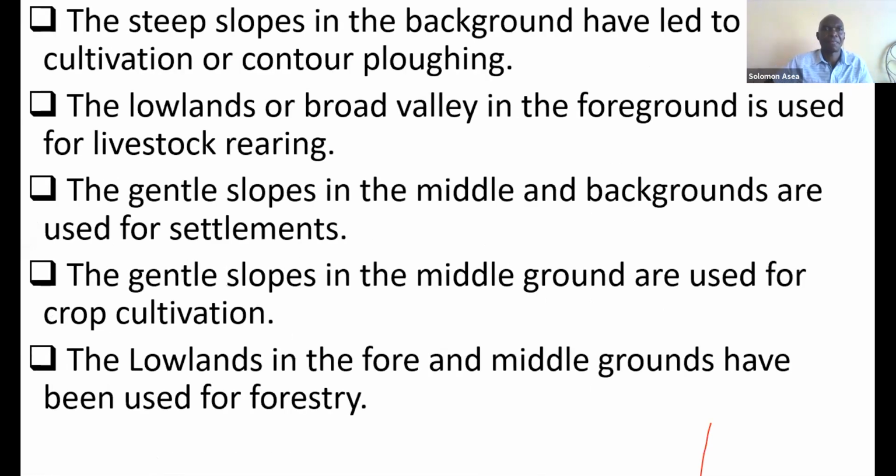Now, one of the relationships is that the steep slopes in the background have led to terrace cultivation. So where there are steep slopes, there is cultivation, but under terracing.